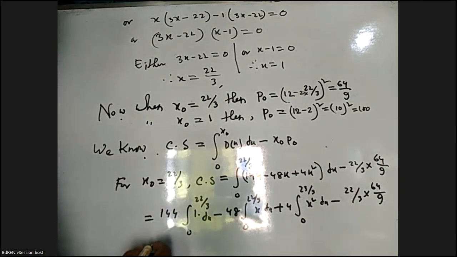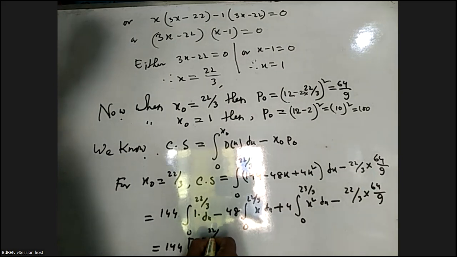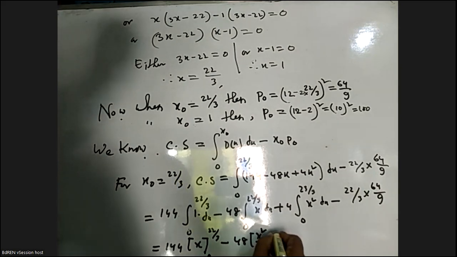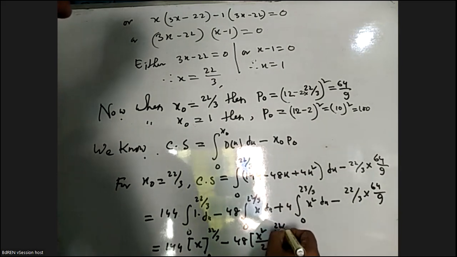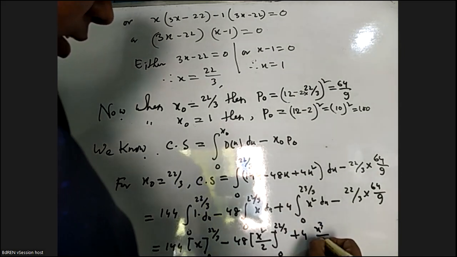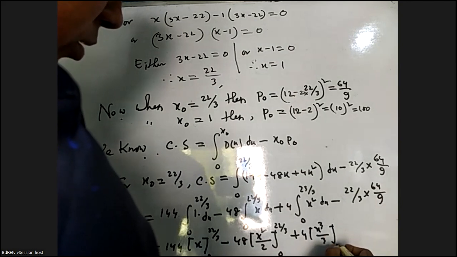So this integration: 144 times x from 0 to 22 by 3, minus 48 times x square by 2 using the power rule, plus 4 times x cube by 3, x to the power 2 plus 1 divided by 2 plus 1.